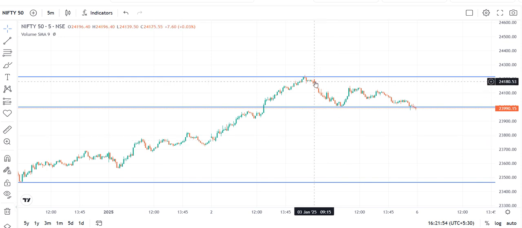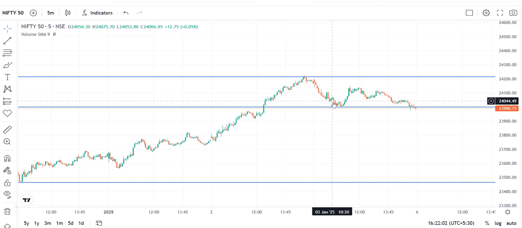One could have entered at 9:20, put a stop loss somewhere here, and then go for this buying. This green candle at 10 may be worrisome because it is an indication that the market will go up, but again you see the red candle. So it's better to wait for the next candle.